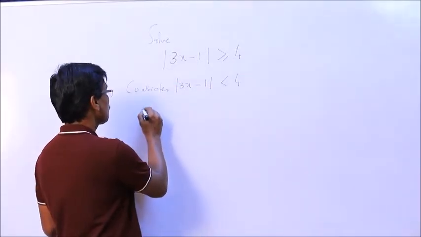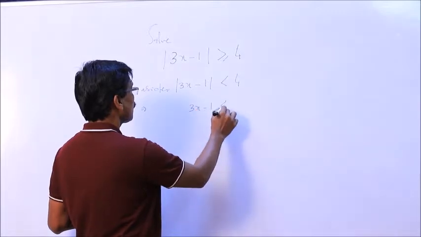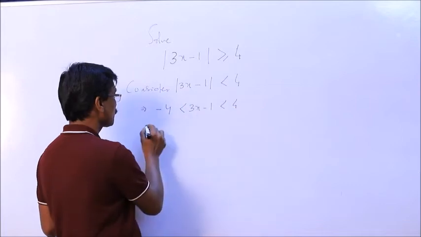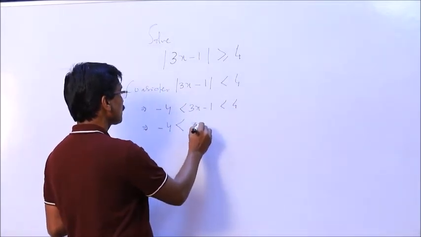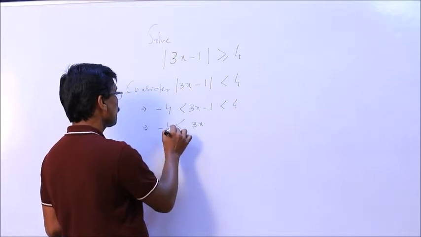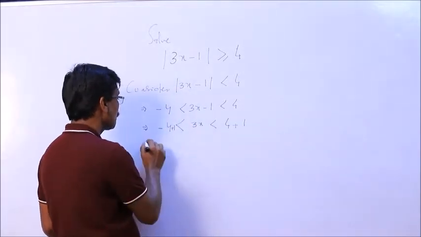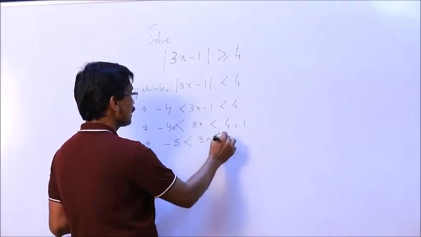This implies 3x minus 1 lies between minus 4 and plus 4. So, minus 4 plus 1 less than 3x less than 4 plus 1, that is minus 3 less than 3x less than 5.